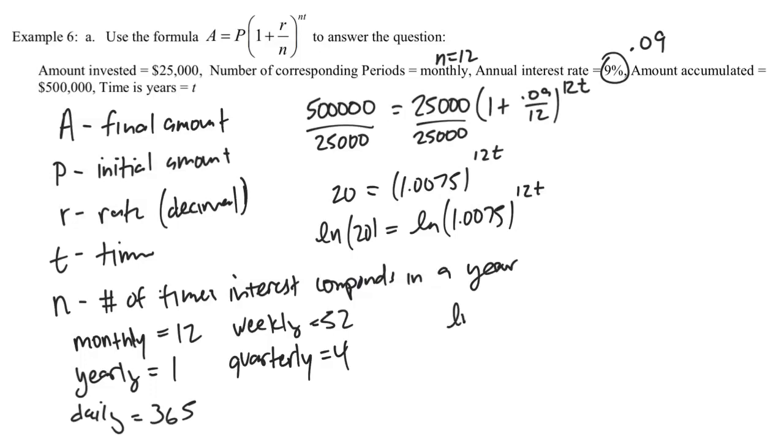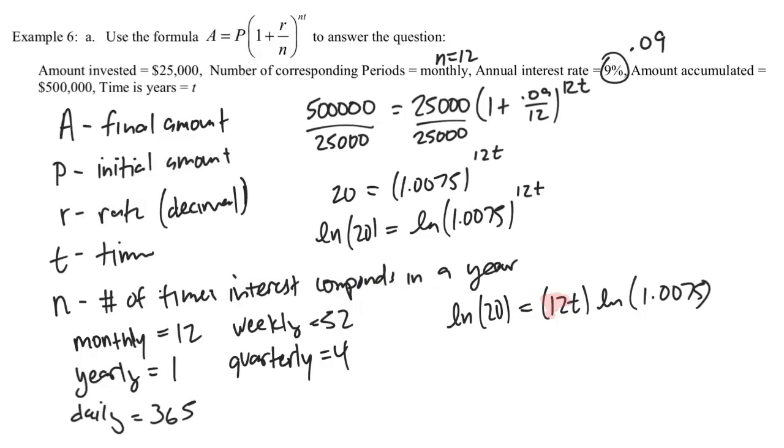And so I'm going to do that down here. I'm going to have natural log of 20 is equal to 12t multiplied by the natural log of 1.0075. And so now in order to get t by itself, we're going to have to divide by everything that is not t.